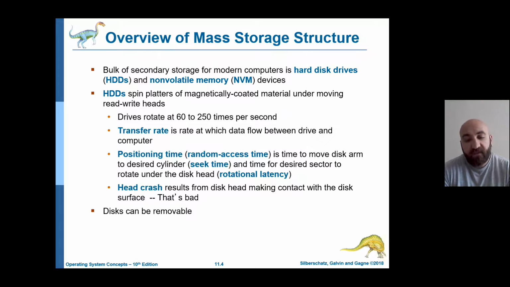Each disk platter has a flat circular shape, like a compact disk. A read-write head flies just above each surface of every platter. The heads are attached to a disk arm that moves all the heads as a unit.